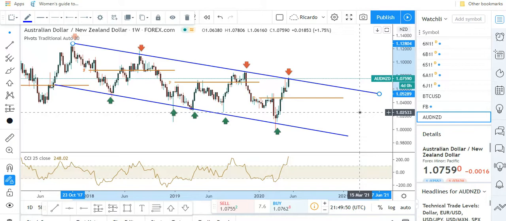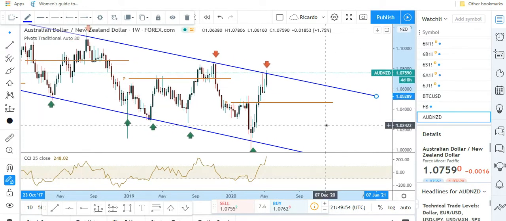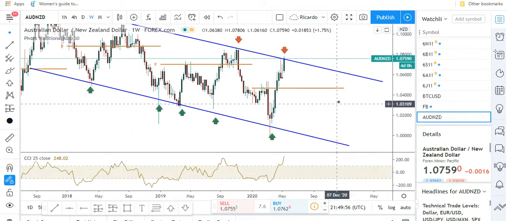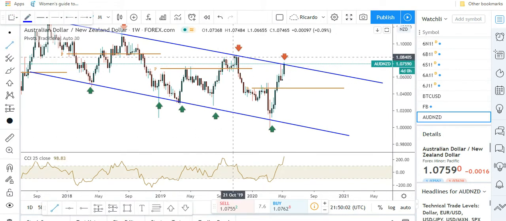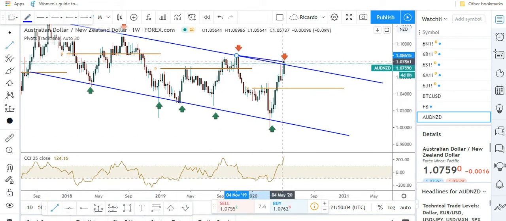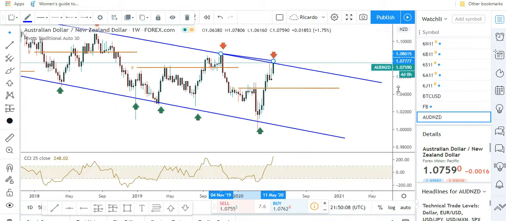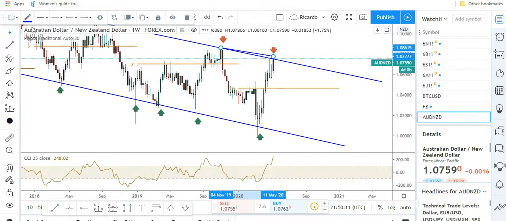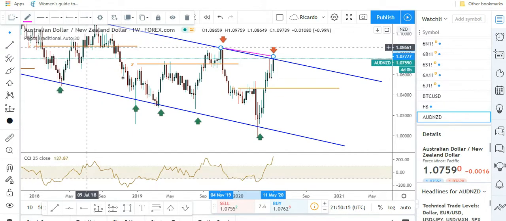Second to this, we have what is lining up to be a divergence. I don't know if you know about divergence, but we have a high to a lower high here on price. Let me just mark that in pink.